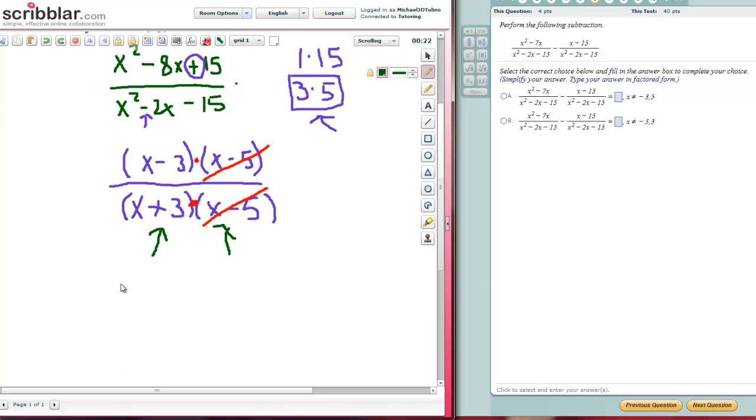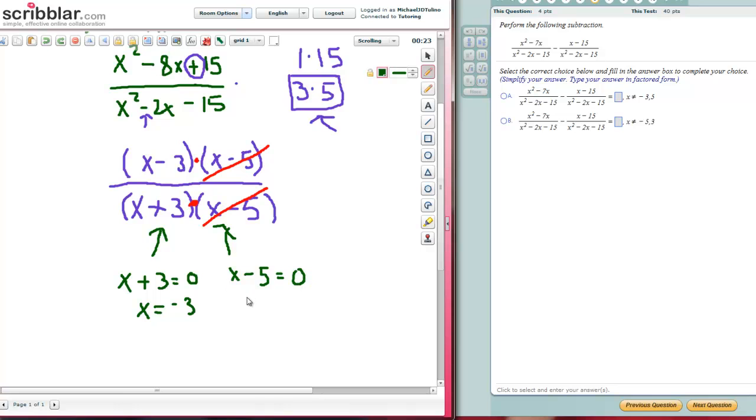And so the question is, what will make each one of those 0? So x plus 3 equals 0. So subtract 3 from each side, you have x as negative 3. And then over here, x minus 5 is 0.